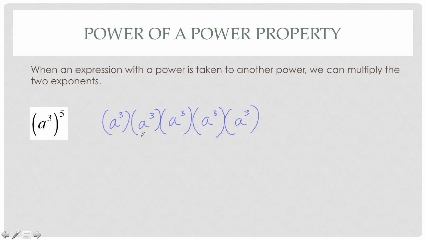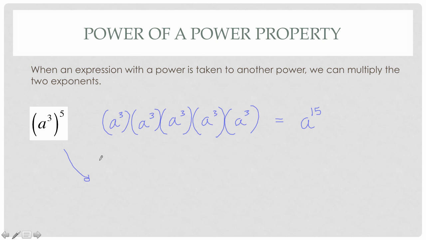I could really go crazy and turn each of these into a times a times a, but I don't think we need to, because if I remember the product property, when I multiply with the same base, I add the exponents together. So it's 3 plus 3 plus 3 plus 3 plus 3, which equals a to the 15th. There's 15 a's all being multiplied together. With the power of a power, I can think of it in terms of multiplication, right?